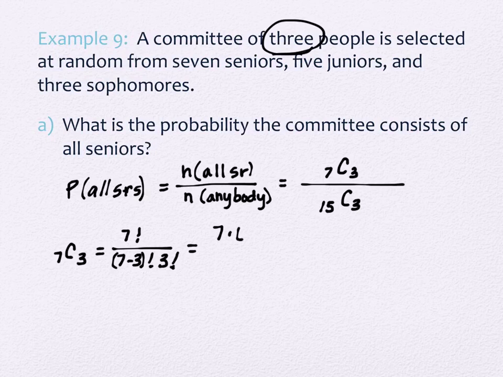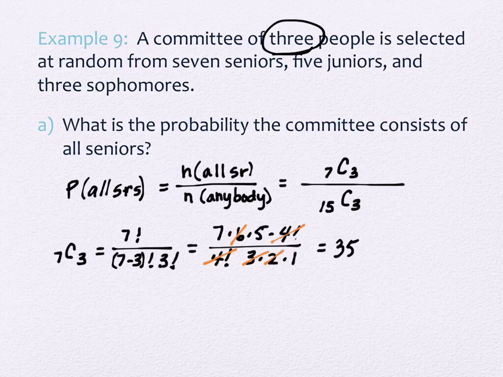So we're going to use 7, 6, 5, and 4 factorial over the 4 factorial we have. And then 3 factorial is 3, 2, 1. So my 4 factorials cancel. What else? 3 and 2 makes 6, so that cancels. So what's this total? 35.